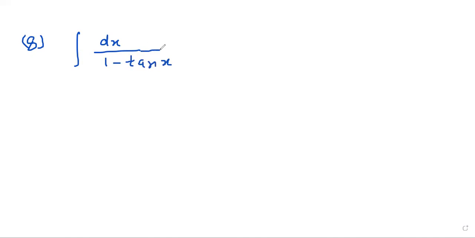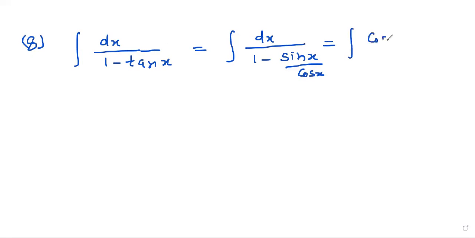It is also a little tricky question. So integration dx upon 1 minus sin x upon cos x, which becomes cos x dx divided by cos x minus sin x.